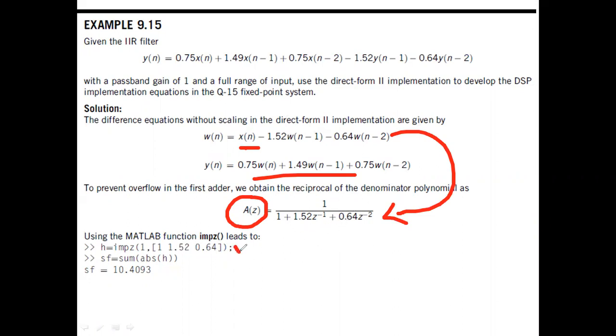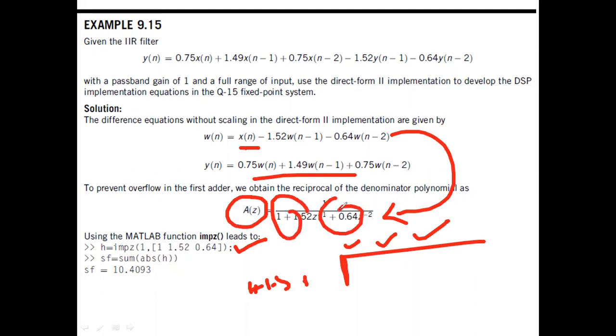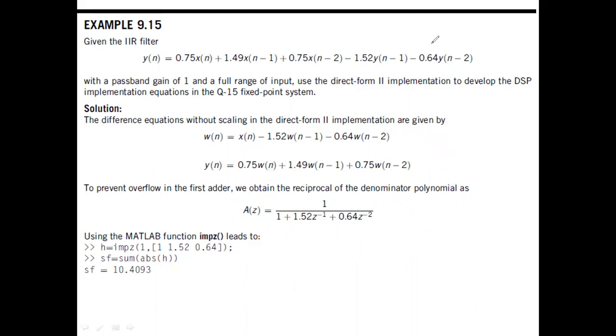In the textbook they have used the impz function of MATLAB. Here I would suggest you go for the long division method and try to find some 4 coefficients. Long division of 1 plus 0.5, 1.52 z to the power minus 1 plus 0.64 z to the power minus 2, or you can also split it into 2 parts using partial fractions, and then find the coefficients.